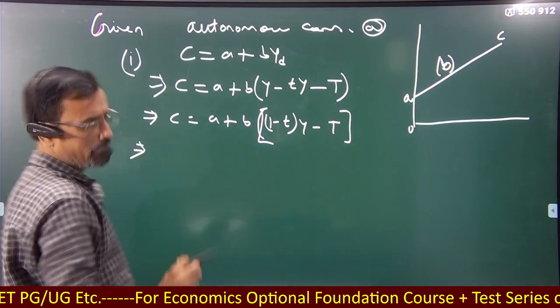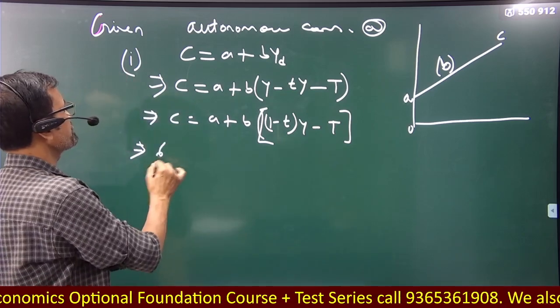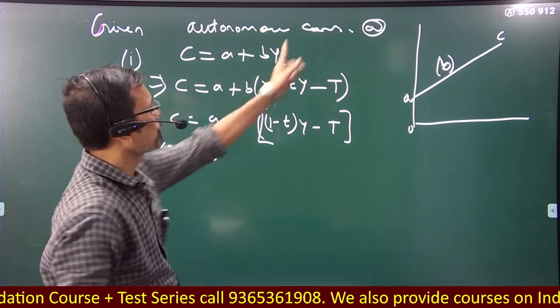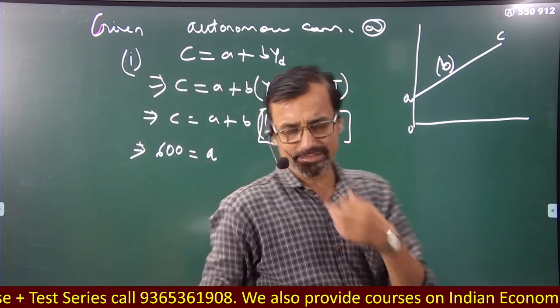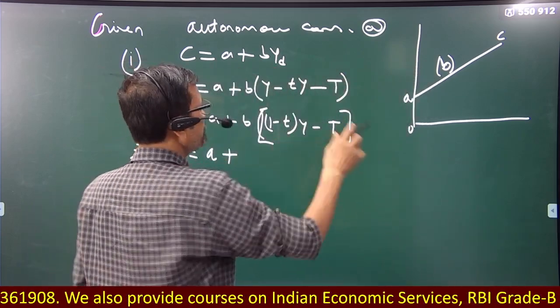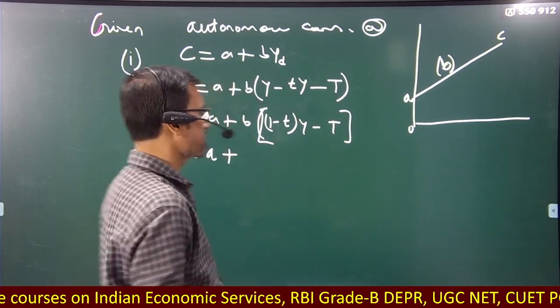So total consumption expenditure is given in our question, which is 600. We need to find out the autonomous consumption expenditure, that is the value of A. And B, the marginal propensity to consume, is given as 0.5.